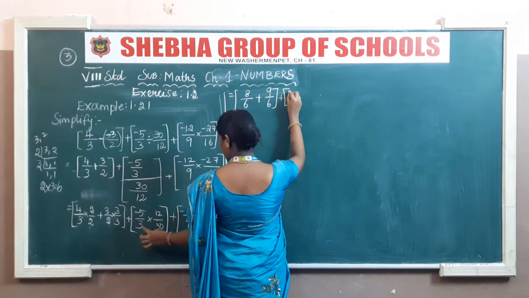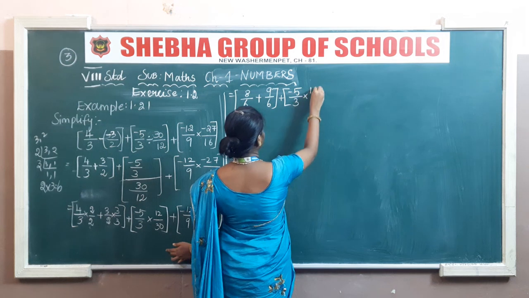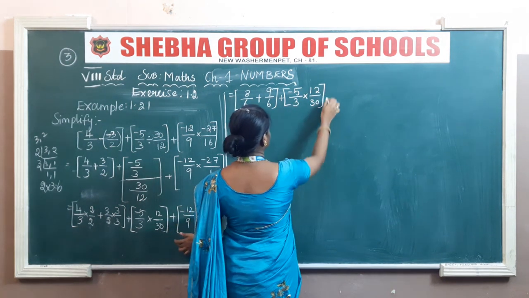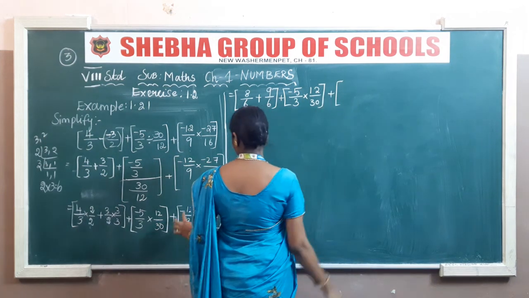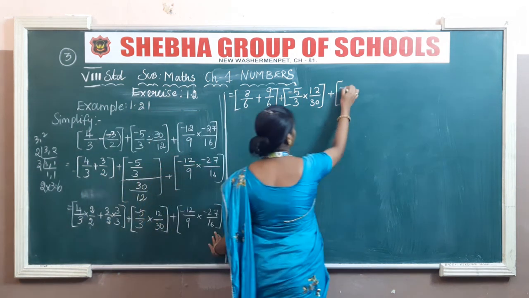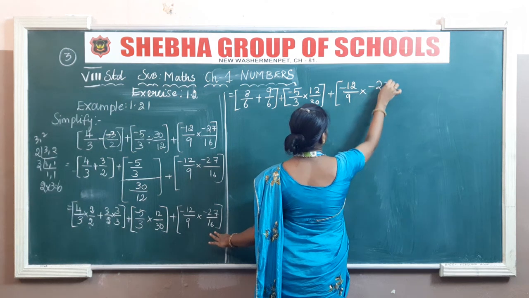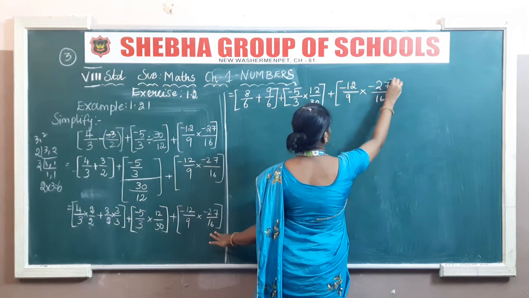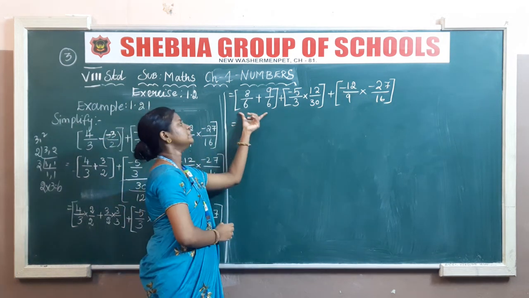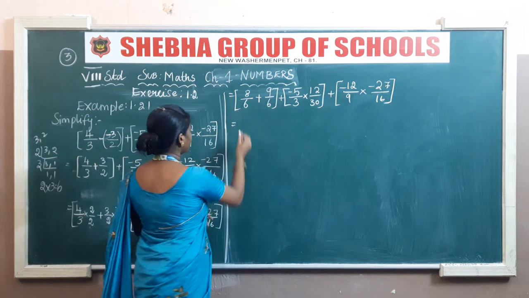We have to write the same number, minus 5 by 3 into 12 by 30. And next plus, we write the next portion, minus 12 by 9 into minus 27 by 16. Okay children, the denominator is the same, so we add the two numerators.